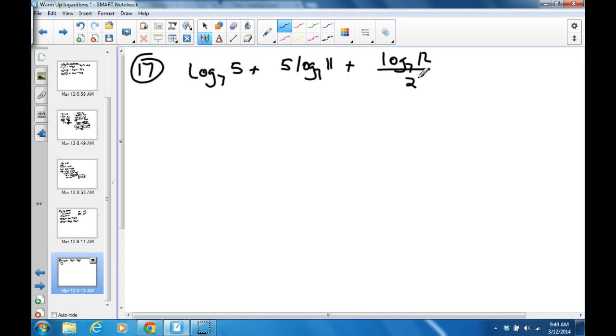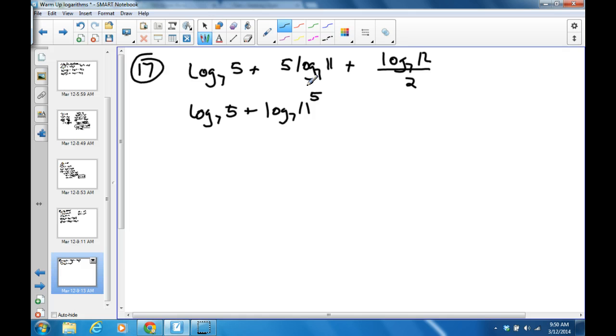Now, they want us to put it back into a condensed form. So we already have it all spread out, but we want to put it back into condensed form. Right now, this one, I'm going to leave, but what can I do to condense this one? Move the 5 back into exponent, right? So this becomes log 7 of 11 to the 5th power.